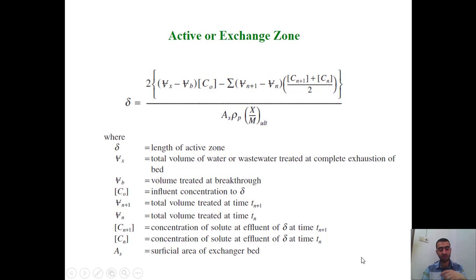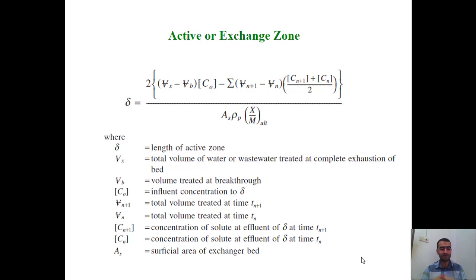Vx is the total volume of water or wastewater treated at complete exhaustion of the bed. The bed means the whole exchanger. VB is the volume of treated water at the breakthrough point. C naught is the concentration of influent at delta.